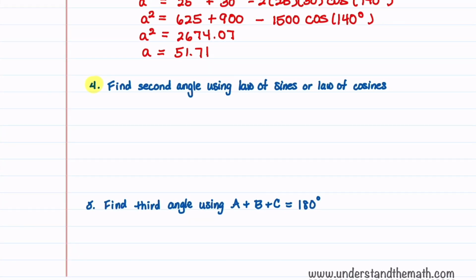The law of sines tells us that the sine of angle A over side a is equal to the sine of angle B over side b. We want to find angle B, so we'll solve for sine B first. This gives sine B is equal to b times sine of A divided by little a.